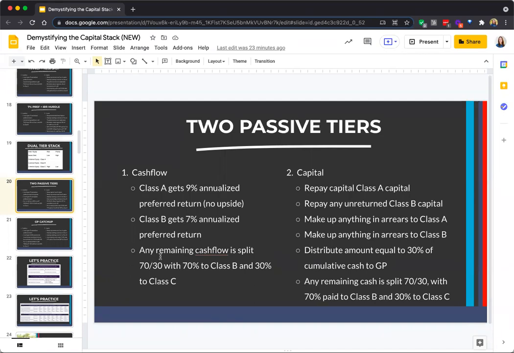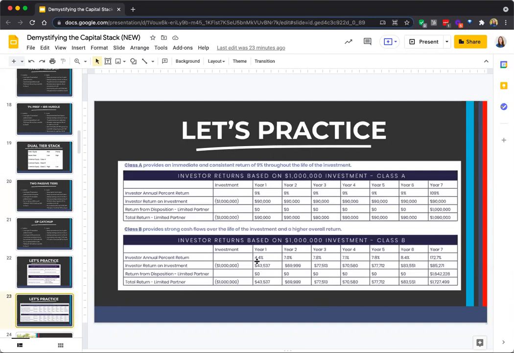Is it cumulative? And if it's cumulative, the delta between 4.4 and 7 will kick further. It can either be made up in cash flow in future years, at a capital event like a refinance or supplemental loan, or upon the sale of the property. You want to understand in that PPM when that delta is getting made up.